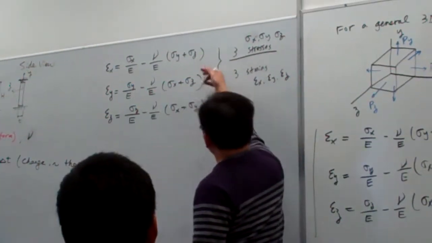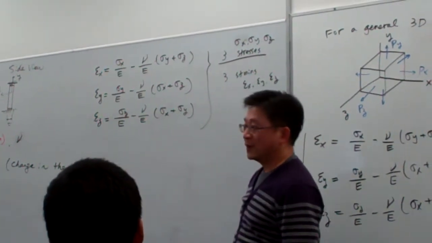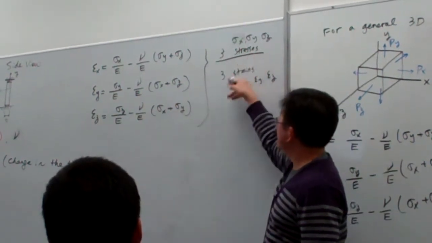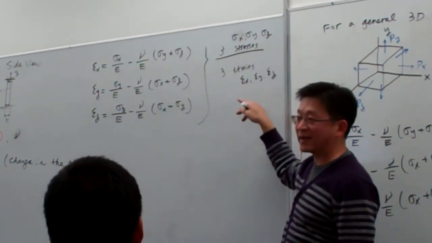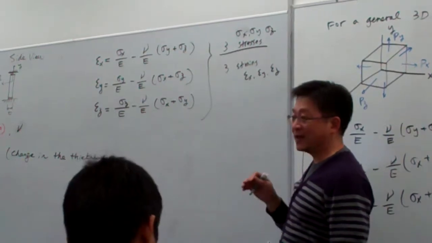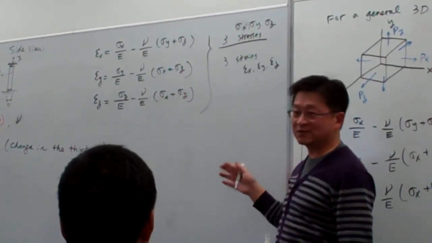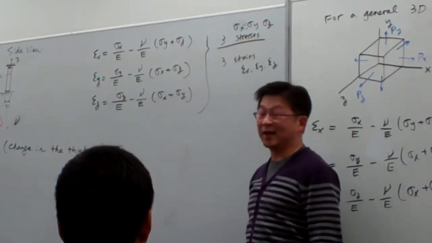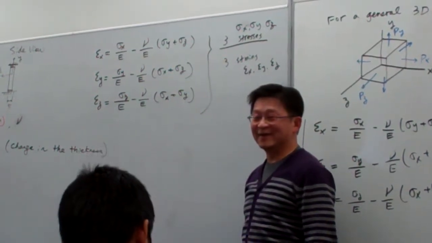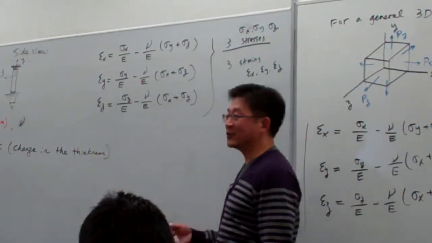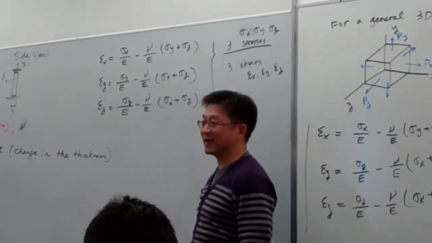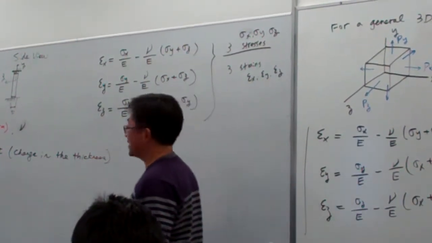But here it only has 3 equations. So that means among these 6 parameters, we must identify at least 3 quantities to solve for the other 3. Otherwise, the system becomes indeterminate, and that's really a headache. I can tell you that indeterminate problems in the 3-dimensional case are really a headache. Okay, so let's try.